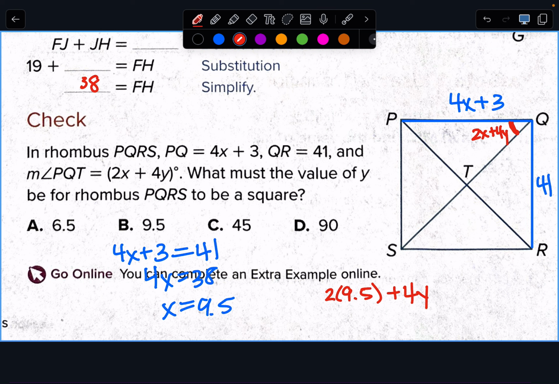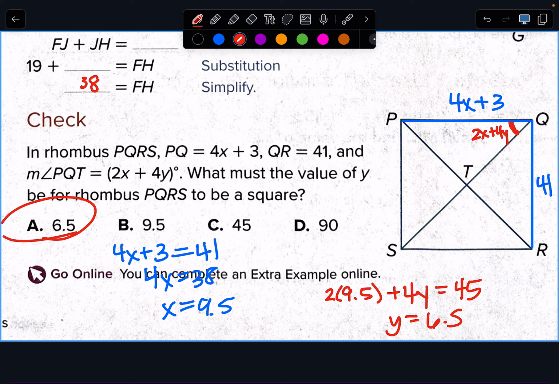Okay, so 2x plus 4y equals 45 degrees. Is everyone okay why Avery set that equal to 45? It's a square, which means the angles are 90 degrees. And since a square is a special rhombus, the diagonals are bisecting that angle. So y equals 6.5.